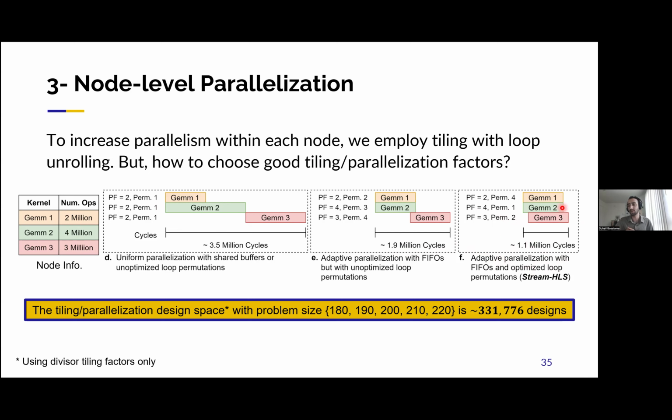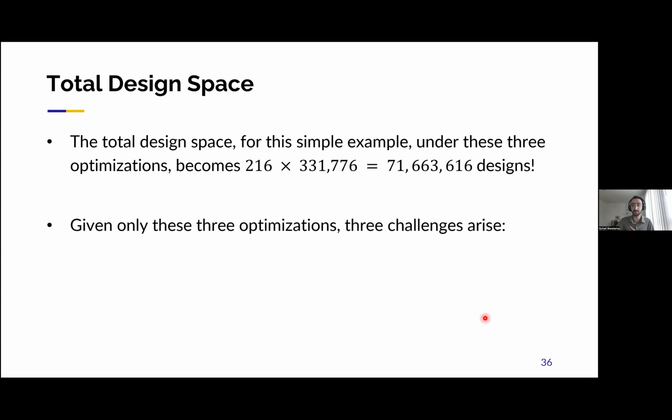And this is what Stream-HLS finds. The tiling and parallelization design space for this problem size is around 331 designs. And under only these 3 optimizations, the design space becomes 216 points times this, around 71 million designs.